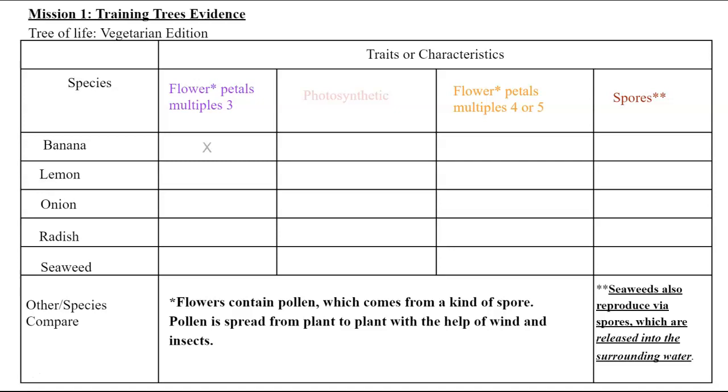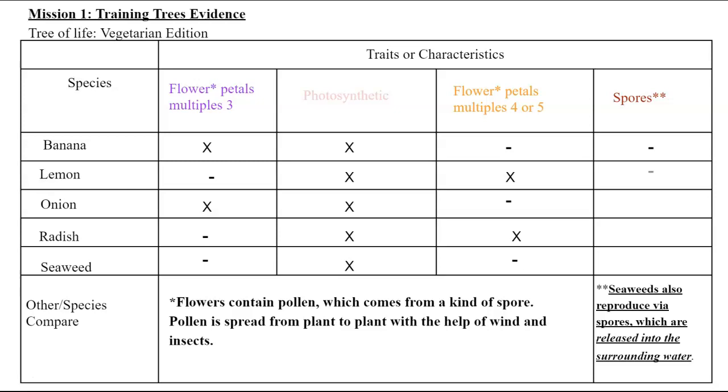Okay, so then we go through it. We see that the flower petals that are multiples of 3 are only shared by the banana and the onion. Photosynthesis is shared by all of the organisms. Can you see that that's going to be our root trait that we all start out with? Flower petals, multiples of 4 or 5: again, the lemon and the radish.